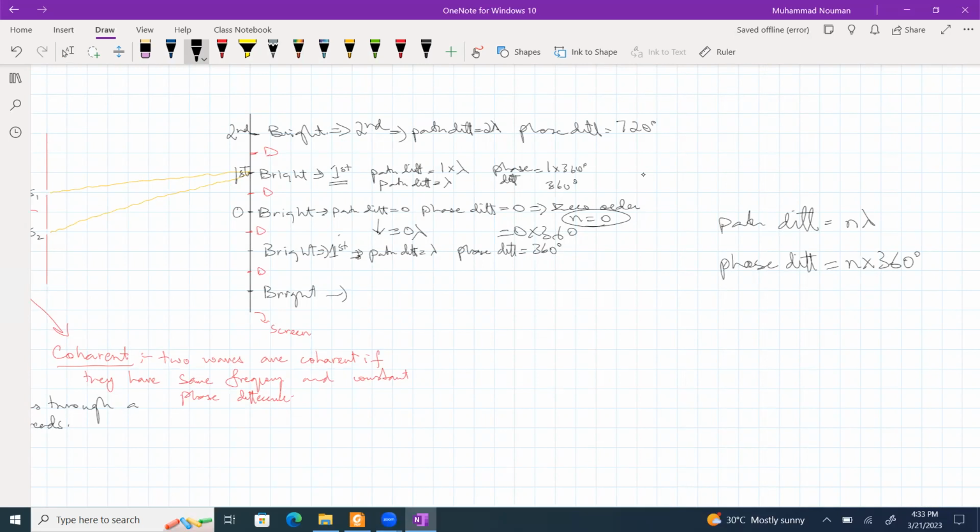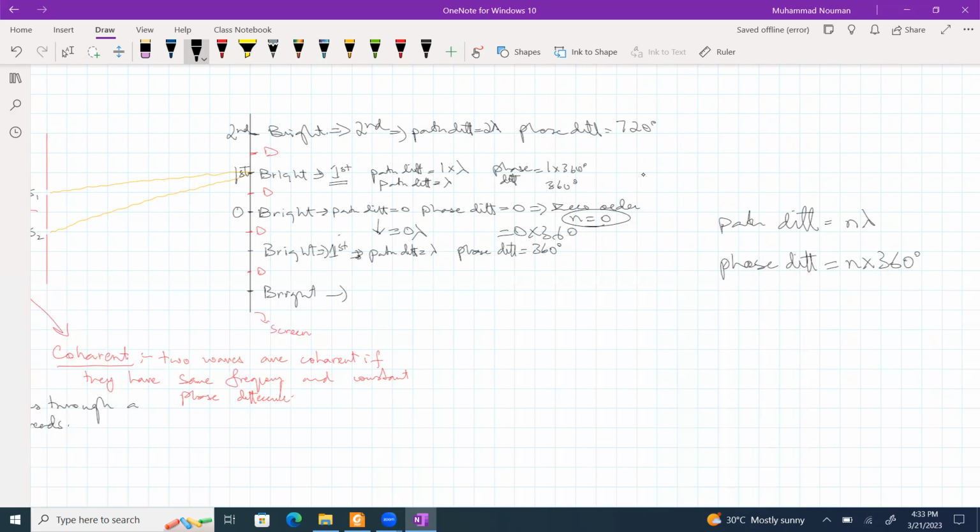Will light reach them? The light from S1 and S2 will reach them? Actually, it will reach, but definitely your thinking is absolutely correct. As we are moving away from zero order, the brightness of the bright fringe will keep on decreasing, because distance is increasing. If distance increases, intensity decreases.